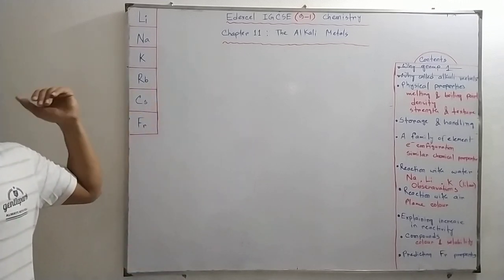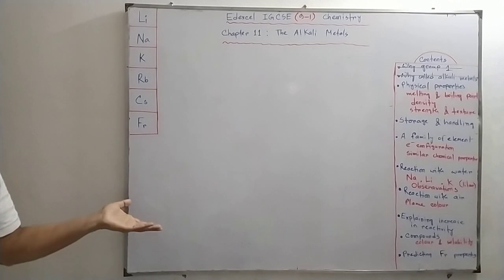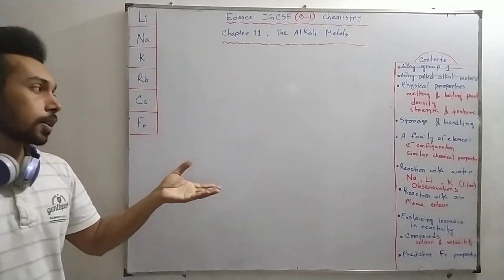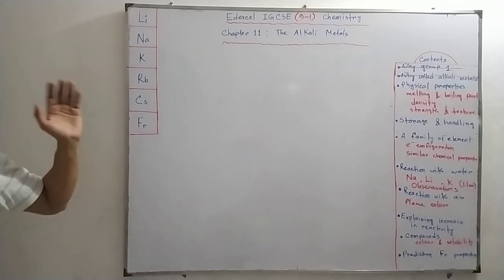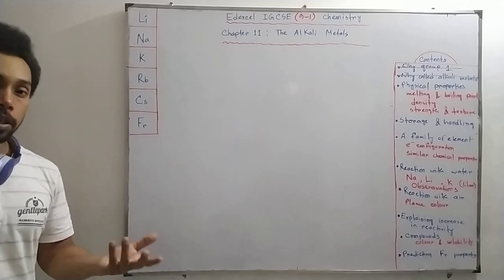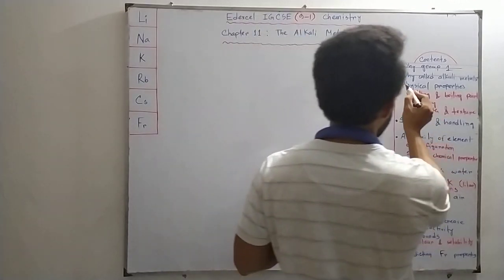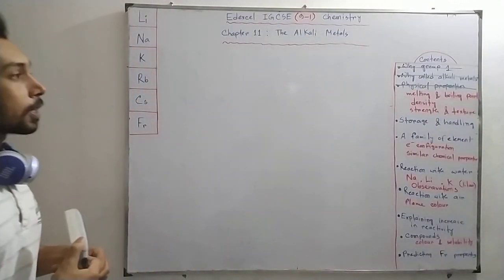And since they are metals, they are shiny and silvery when freshly cut, but they quickly tarnish on exposure to air. Physical properties have been explained.